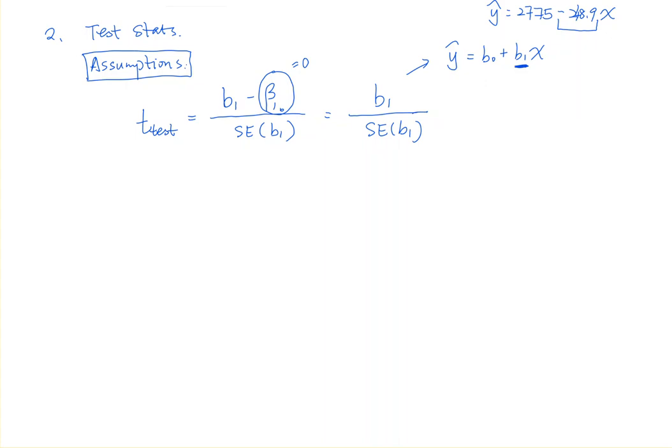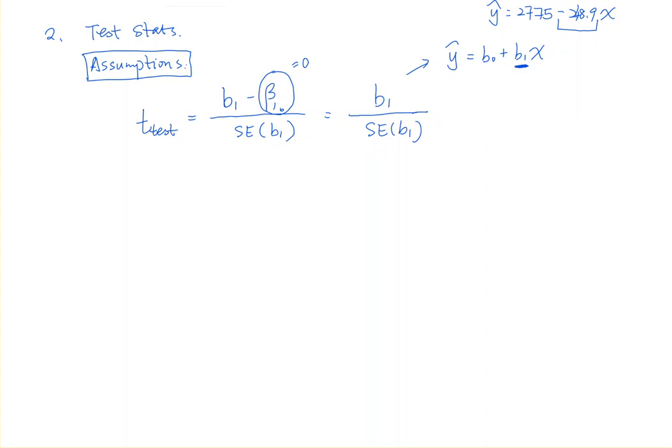So we will leave it to the next video to talk about it. And then here we just assume the assumptions are satisfied or good enough to continue with the second step, the test statistics.